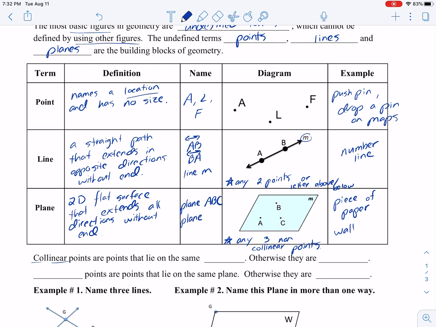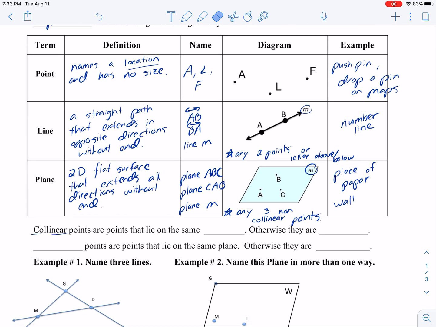It doesn't matter what the order is, C, A, B, or that letter in the corner, plane M. Remember, M is not a point because it doesn't have a dot next to that letter naming a location. Instead, it's just a letter in the corner that we use to name that plane.